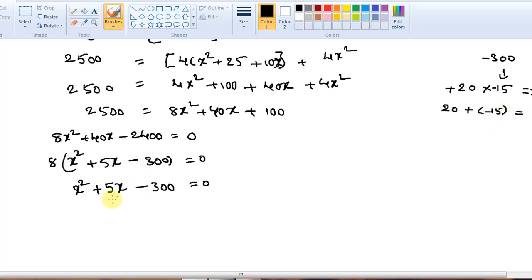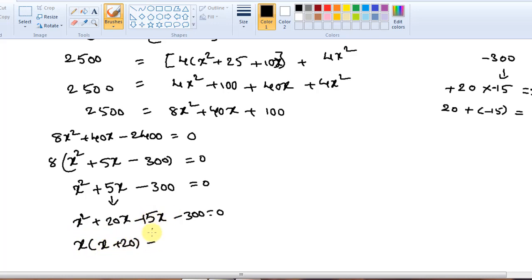That means this 5x we are writing as 20x minus 15x, minus 300 is equal to 0. Now here we get 4 terms. In these 4 terms we will take the first 2 terms as one group. In the first group we can take x as common, so this can be written as x of x plus 20.